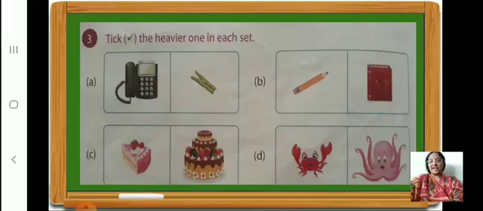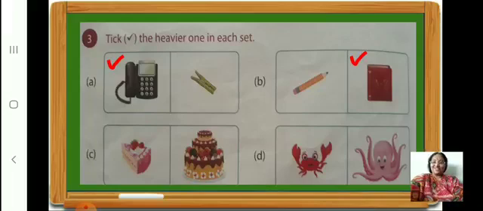Here we have a telephone and a clip. Children, which is the heavier one? Telephone is heavy. So let us put a tick for telephone. Now in question B, we have a book and a pencil. We have to tick the heavier object in each set, right? So let us put a tick for book, which is heavy.